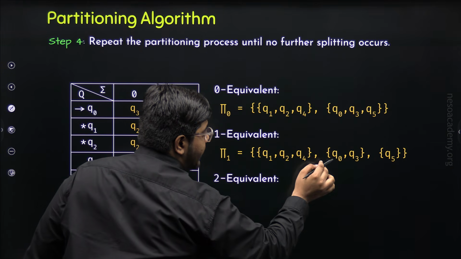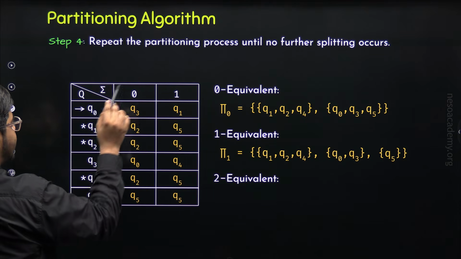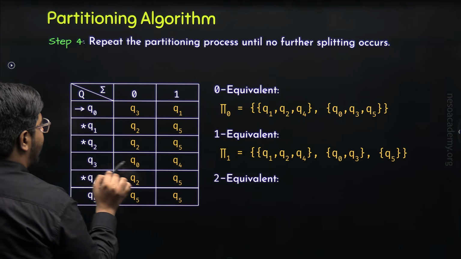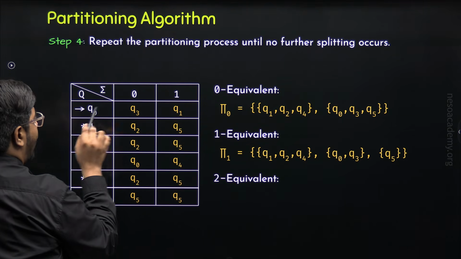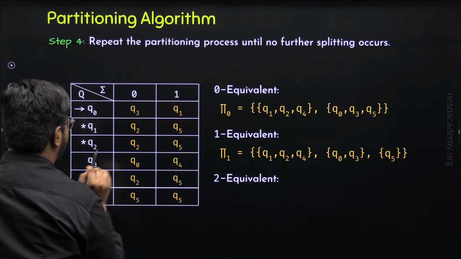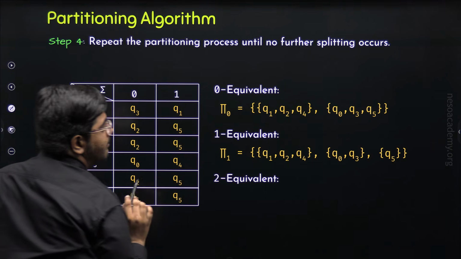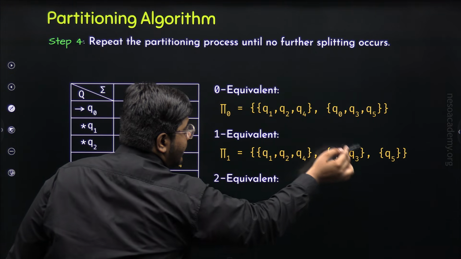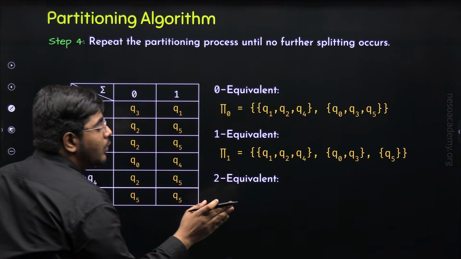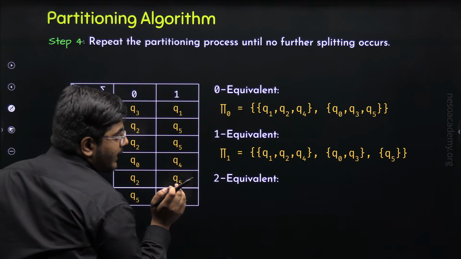Now let's talk about this partition, Q0 and Q3. We are considering the states Q0 and Q3. On 0, it is giving Q3 and Q0 belonging to the same partition, and on 1, it is giving Q1 and Q4. Q1 and Q4 also belong to the same partition. That means this partition Q0 and Q3 will also not be split and will remain as it is in our 2 equivalent.